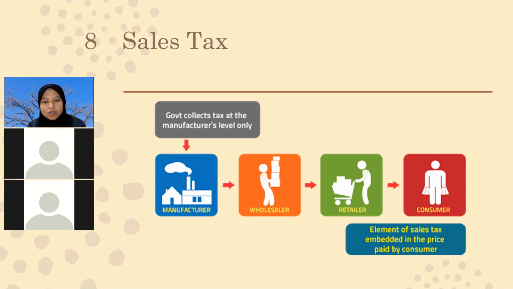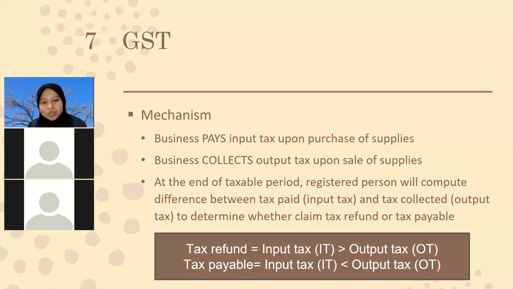So now the wholesaler and the retailer don't have to worry about filing tax returns whatsoever. So less headache for the wholesaler and retailer, but the manufacturer still has to account for sales tax. It's just that last time they could claim something, so there was more work that needed to be done.